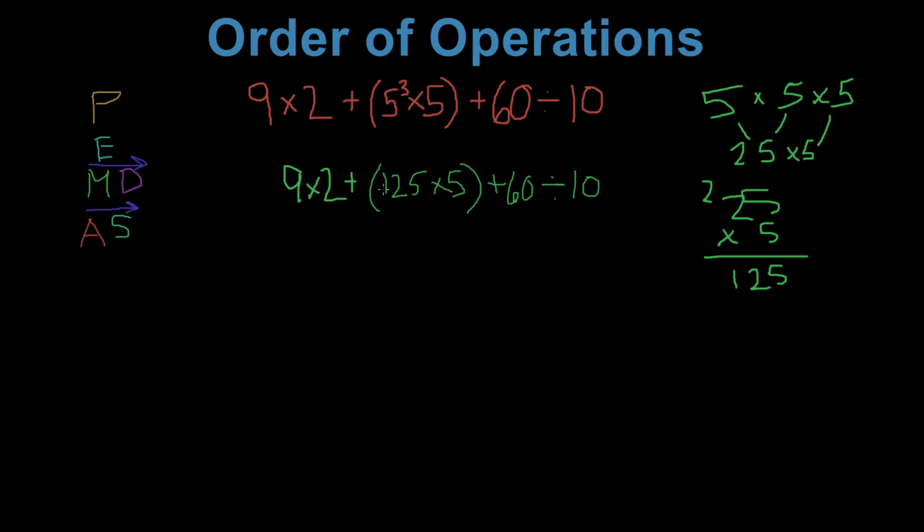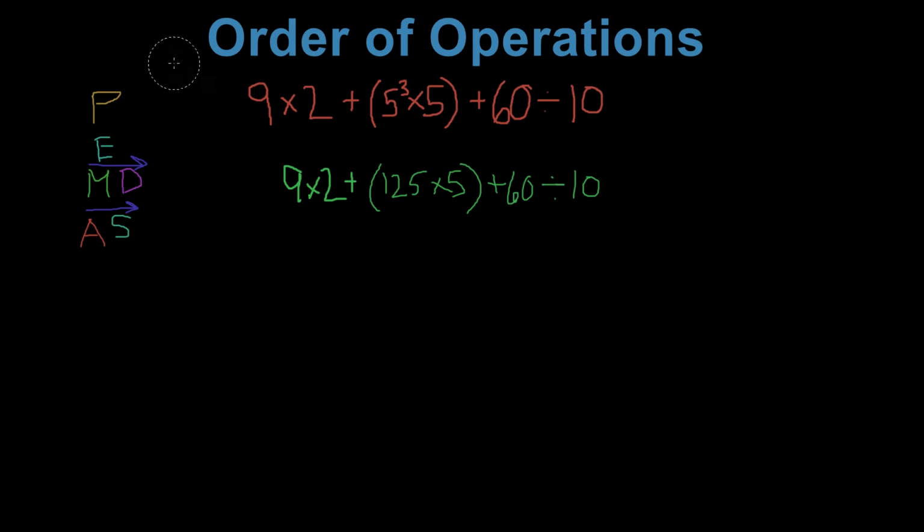Now we're going to multiply 125 times 5 because we're still not done with our parentheses. I'm going to erase this over here, get some room. So I'm going to just do a different color. Let's do purple or pink. So we have 125 now times 5, which is 5 times 5 is 25. 5 times 2 is 10 plus 2, which is 12.